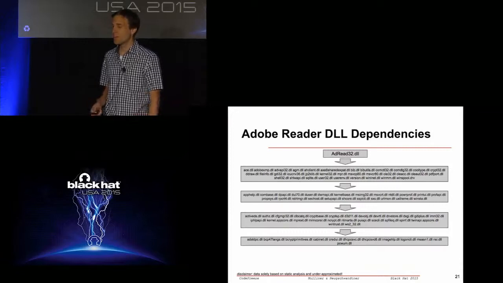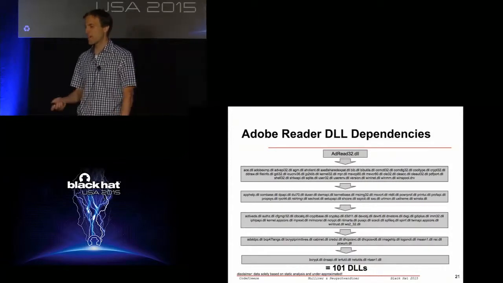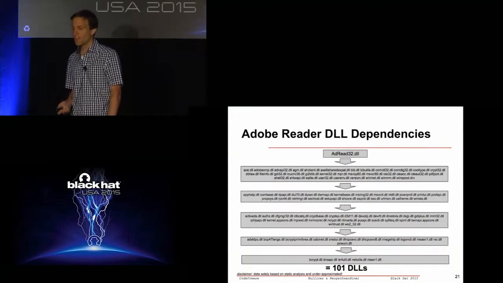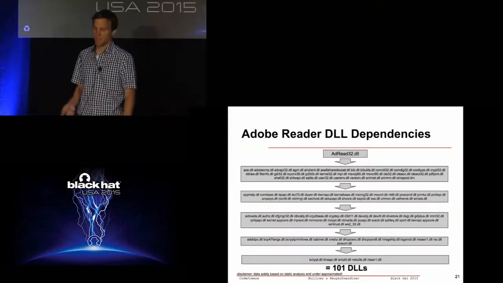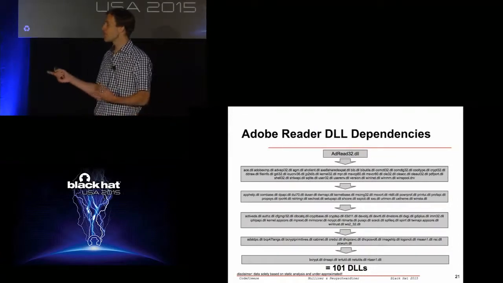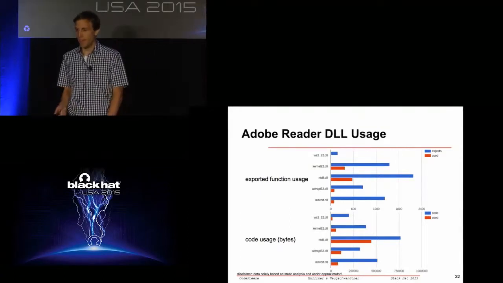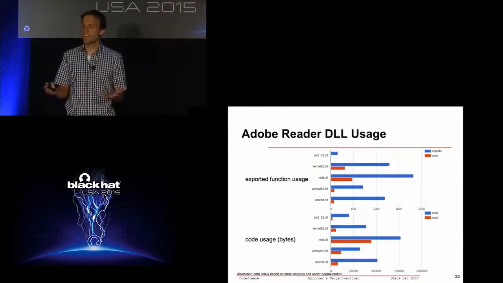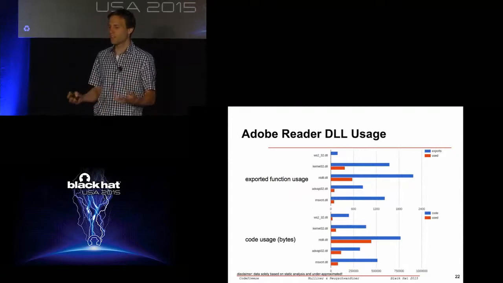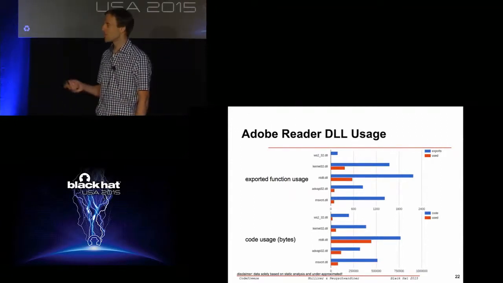That was the next step. And then these DLLs depend on others, and this goes on and on. In the end, you end up with over 100 DLLs. And this was just using static analysis, so the actual number is even higher. On the contrary, when you look at what Adobe Reader actually uses out of these DLLs, the picture looks quite different.